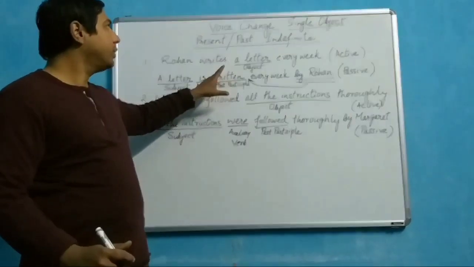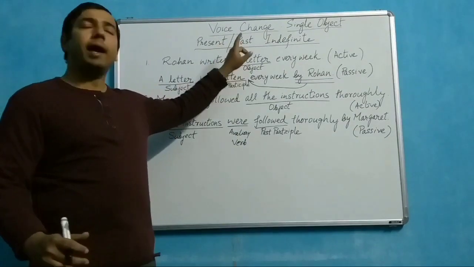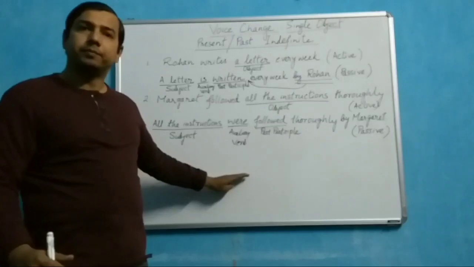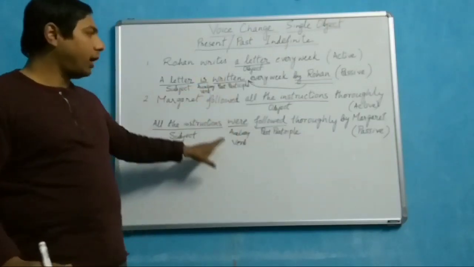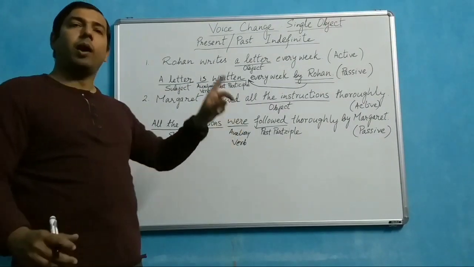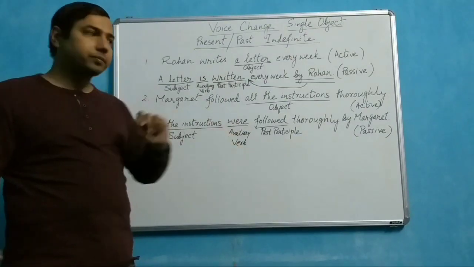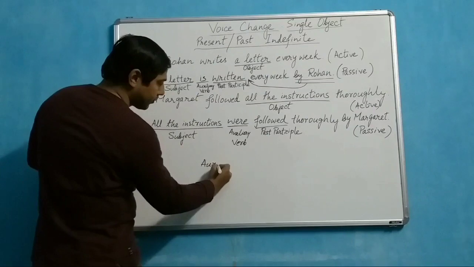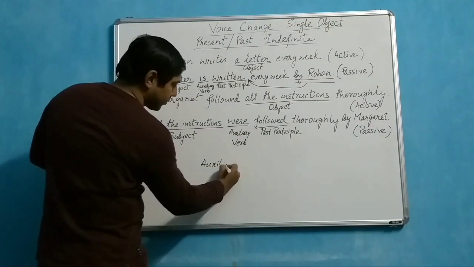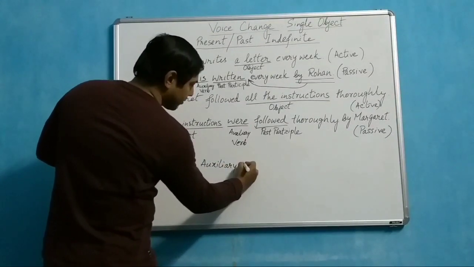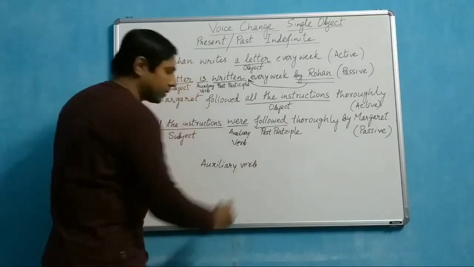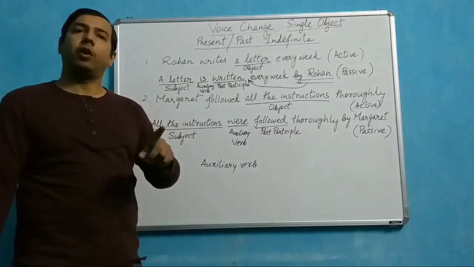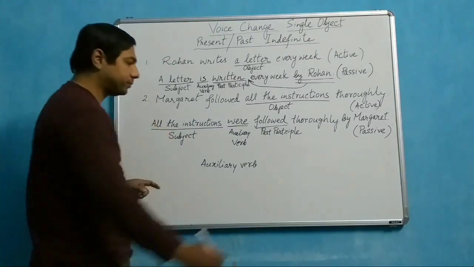So in both simple present and simple past, the formula is easy. The passive voice will have one auxiliary verb and the past participle form of the main verb.